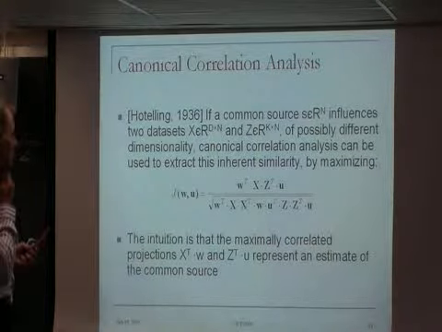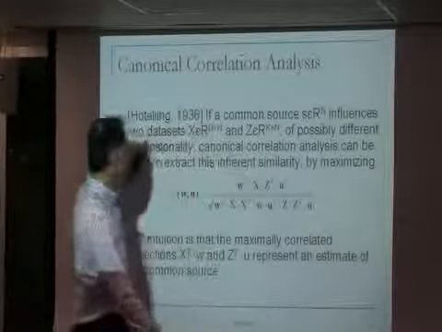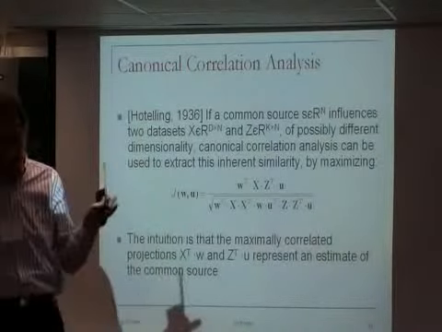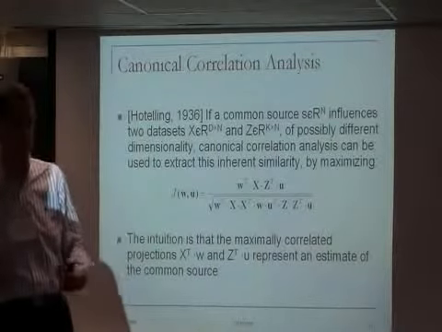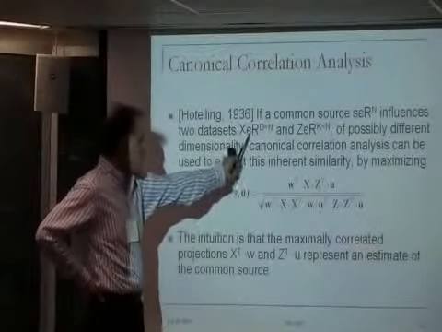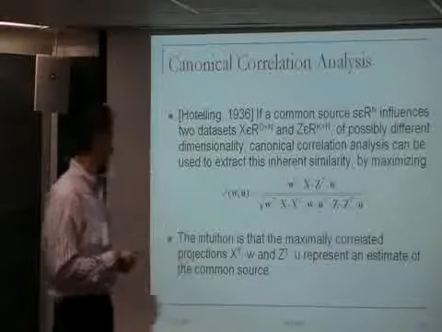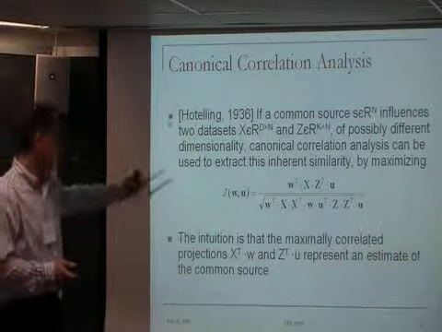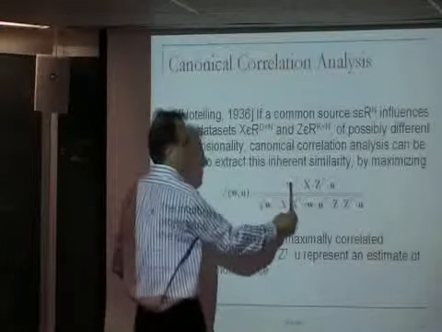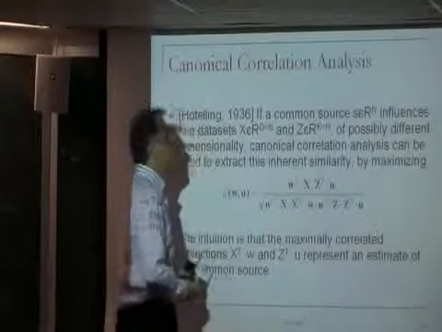And okay, so let's assume there is a common source S that influences. So again, we are already in the context of what we want to do. We want to discover these common sources, right? So canonical correlation is the right tool to take into account. Two data sets x in R to the d times n and z in R to the k times n, possibly different dimensionality, right? So canonical correlation would look at this criterion that involves projections on a direction of data x and projection on another direction of data z, right?